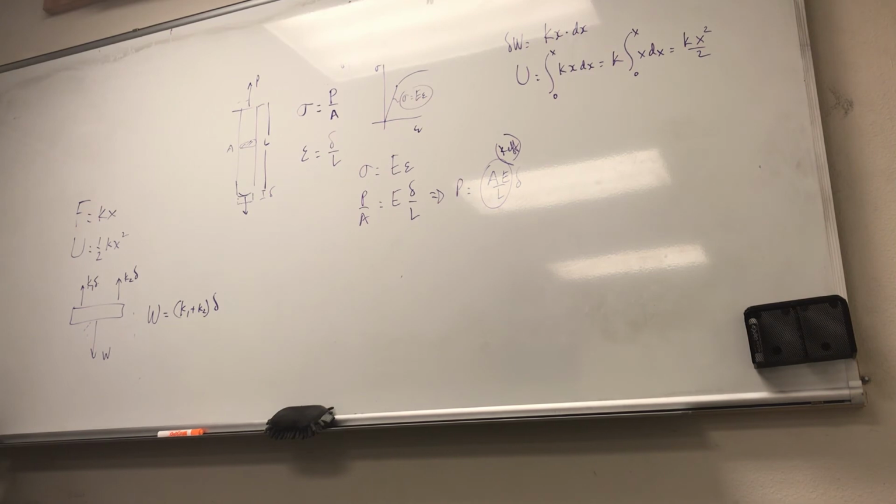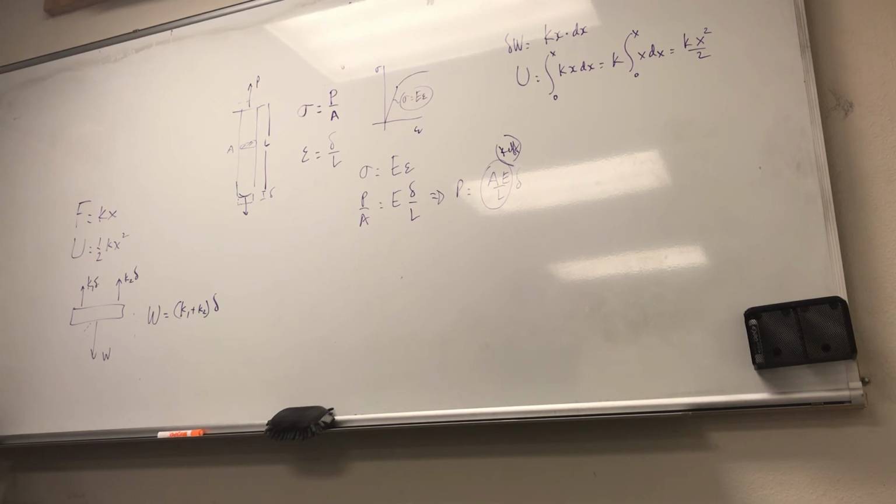The total deflection will be a combination of the deflection of the first and the second. Does that make sense? So the total delta is the delta associated with the first spring plus the delta associated with the second spring.